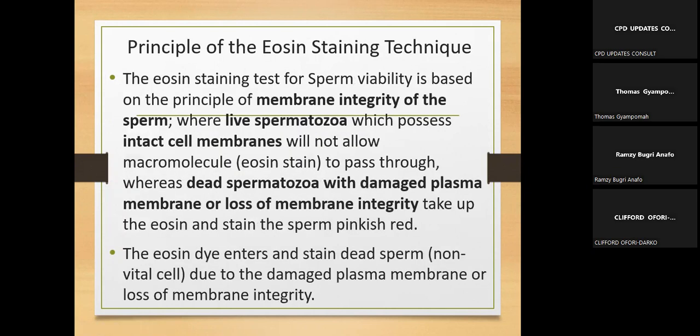Good. So now let's look at the principle. Remember, we said that we want to stain cells alive. Staining cells alive is using a vital staining. If the staining is done while the cells are within the body, it is intravital staining.